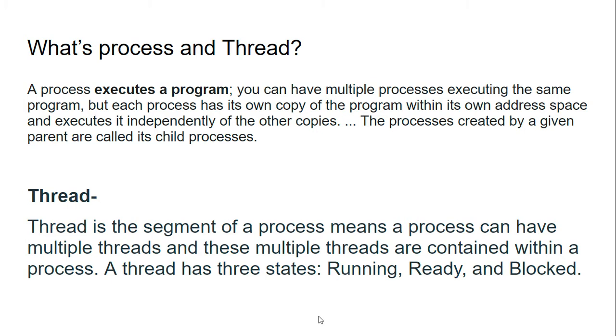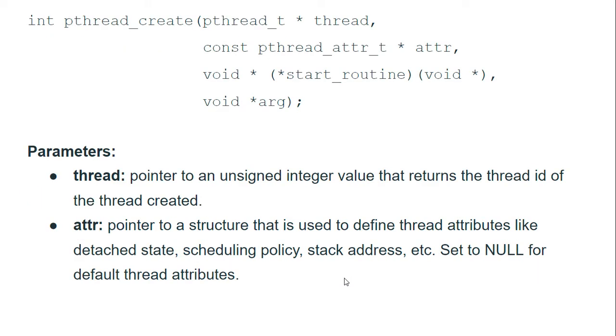A thread itself is a part of a process, but it has its own instance. So basically, I will be discussing the memory part, how the thread is assigned. Let's first check an example of how to create a thread, then we will go for the rest of the discussion.